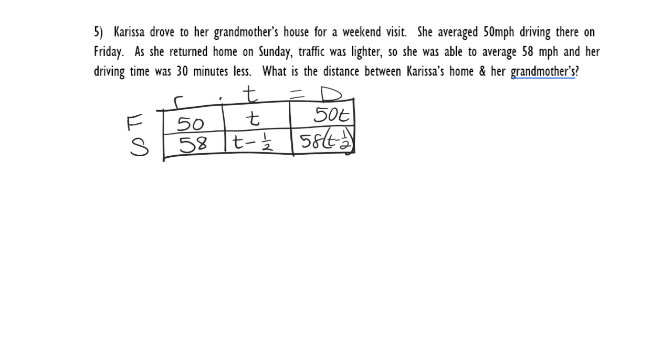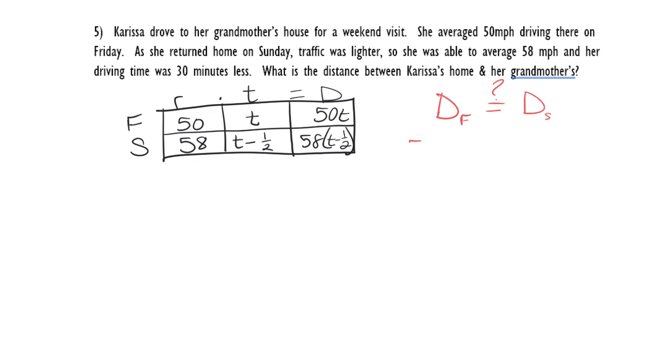Now these problems set up differently depending on what's going on in the problem. My question is always, hey, does D1, or I'll call it DF, Friday's distance, does that equal Sunday's distance? Sometimes yes, sometimes no. In this example, yes, it does. However far she went to get there, she's going to go the same distance coming back.